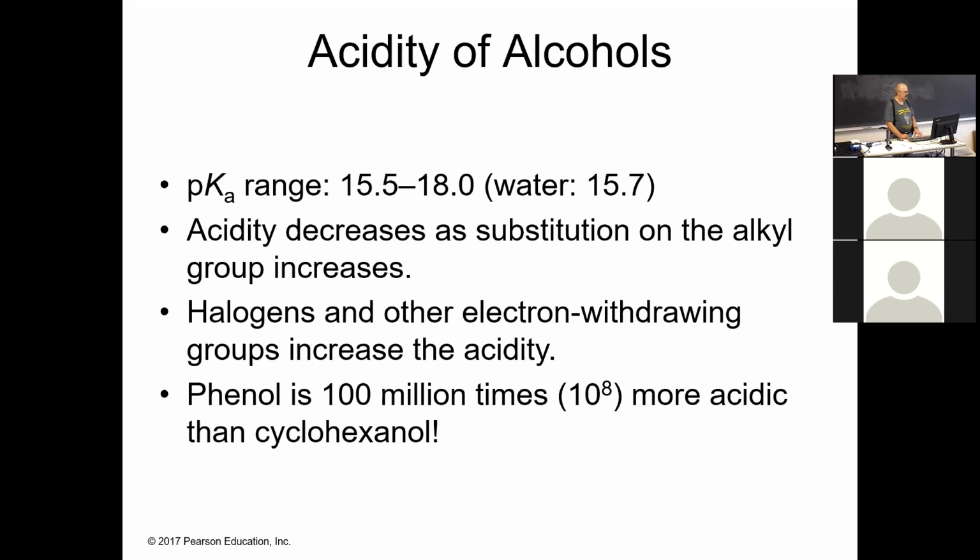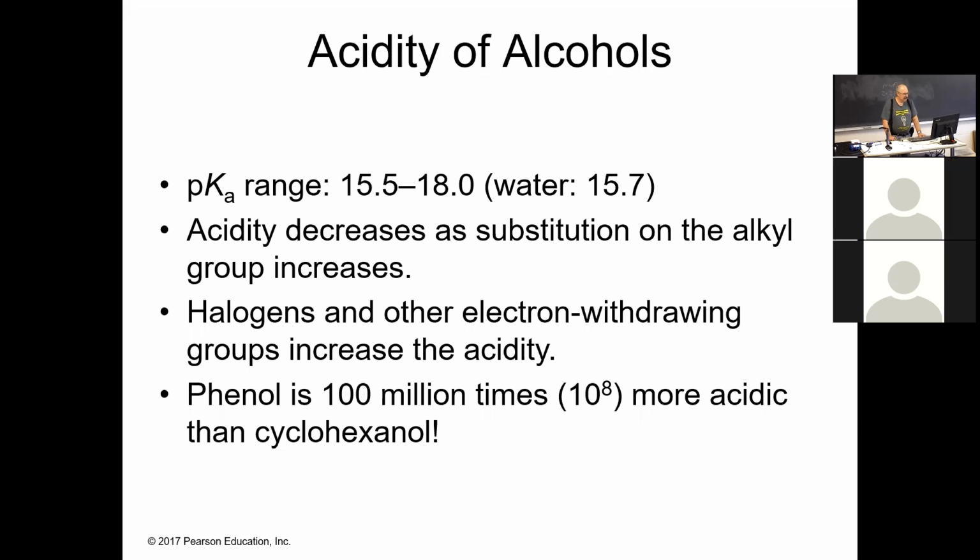Let's consider next the acidity of alcohols. Water has a pKa of 15.7. Alcohols have a similar pKa range. Most alcohols, though, are a little bit less acidic than water. Acidity decreases as substitution on the alkyl group increases.